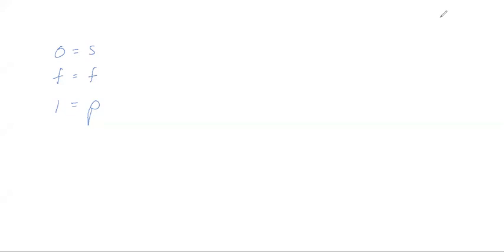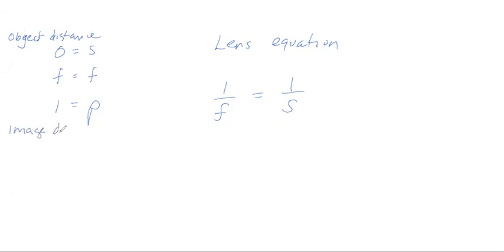All right, we have what's called the lens equation, which says 1 over f equals 1 over s, where s is the object distance, plus 1 over p, and p is the image distance.